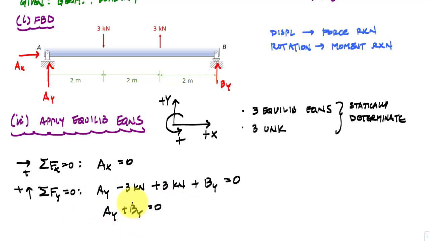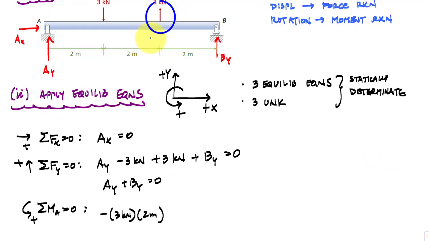It's still one equation with 2 unknowns, so I need one more equation, which is going to be the sum of the moments. I can take the sum of the moments about any point. I'll choose to take the sum of the moments at point A, and AX and AY go through point A, so they don't cause a moment about A. This first 3 kilonewtons causes a negative moment about point A, going clockwise, so this would be negative 3 kilonewtons, force times distance of 2 meters.